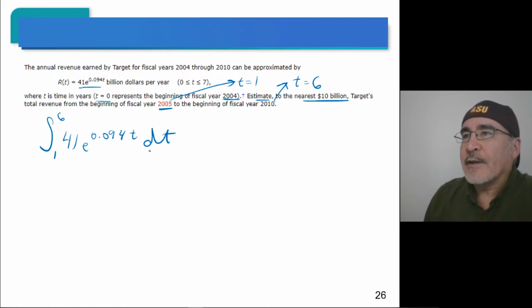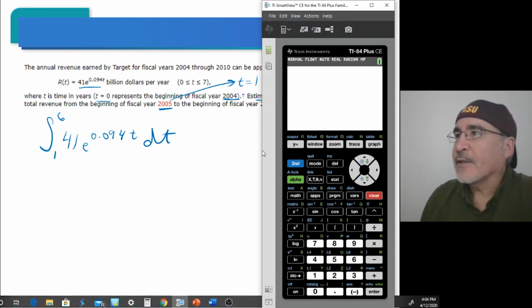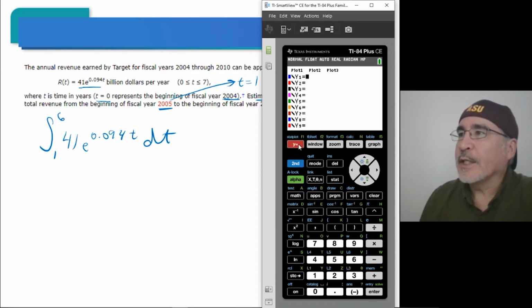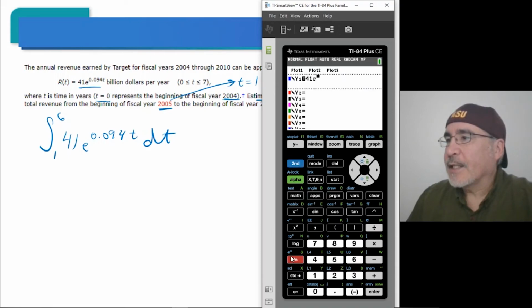We're finding the area under the curve. So let's just do that this way. We'll enter our function. Again, this is a rate function. So we put in 41 second e to the x, 0.094 x.